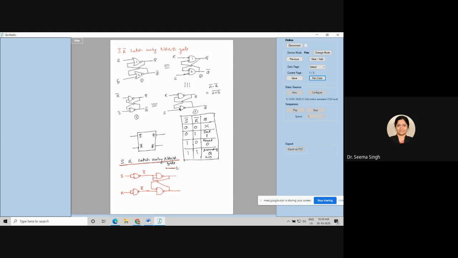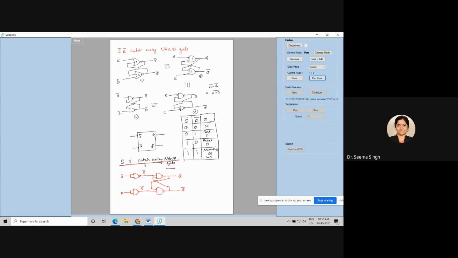Okay, so then you will have your S bar and R bar going to this, and you will have your Q and Q bar here, for your output.